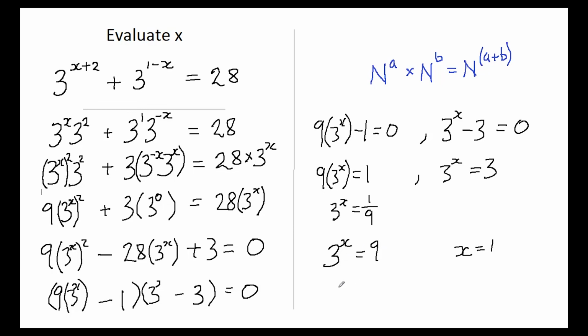Well, the answer is 2. So x equals 2. But what about this inversion we did of the 1/9? Well, that simply means that this is a negative, -2. So these are the two answers. x equals -2 or x equals 1.